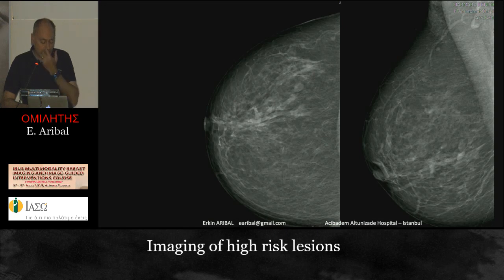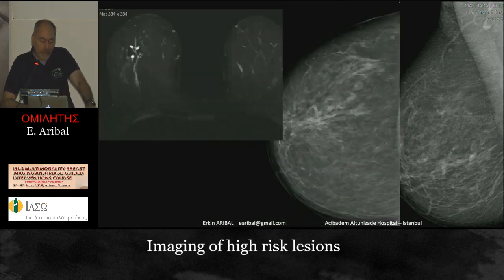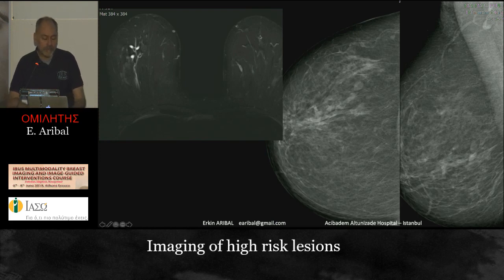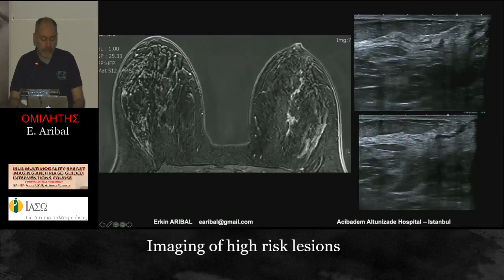Here is a lesion you see on mammogram and MRI. It's more than one, it's multiple. So you may ask for them to be removed because they are not central. It looks like it's a little bit peripheral. It goes deep here. The contrast enhancement goes very deep.